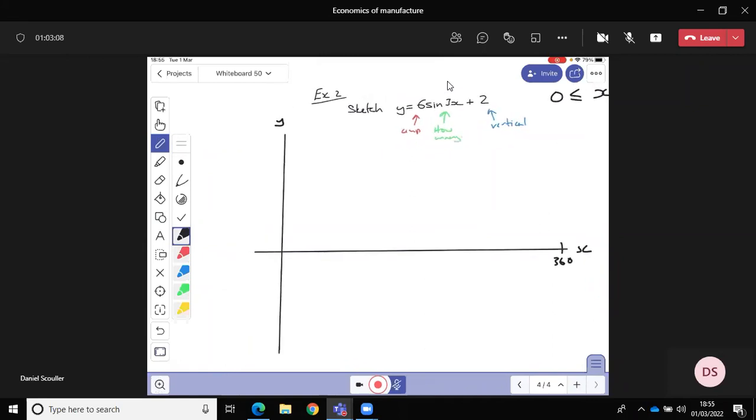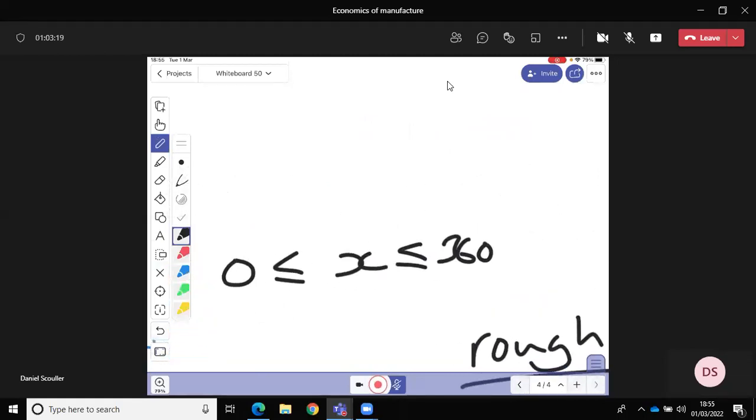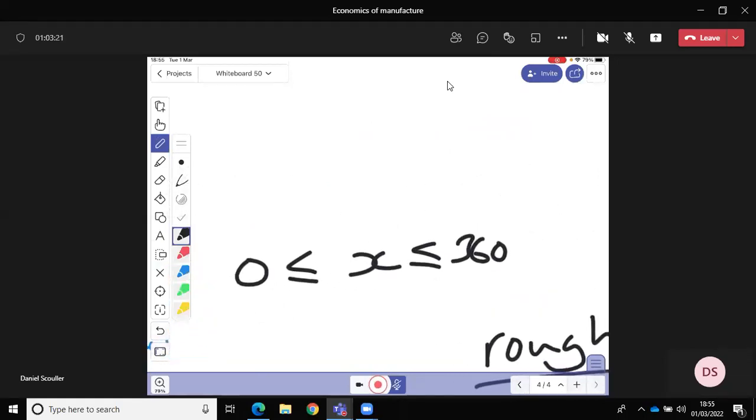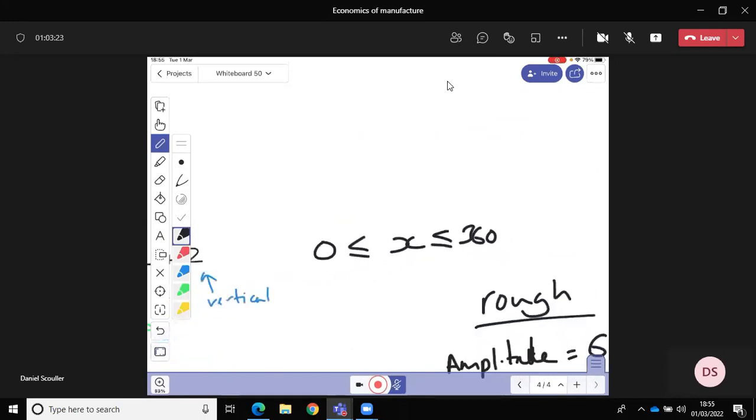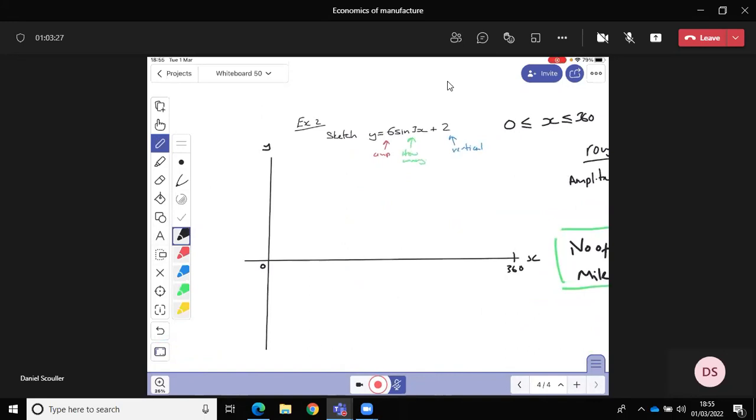The first thing I've done is mark up my 0 and 360. So that's my limitations. That comes from this wee bit here, between 0 and 360. So on my x-axis, start point is 0, finish point 360.